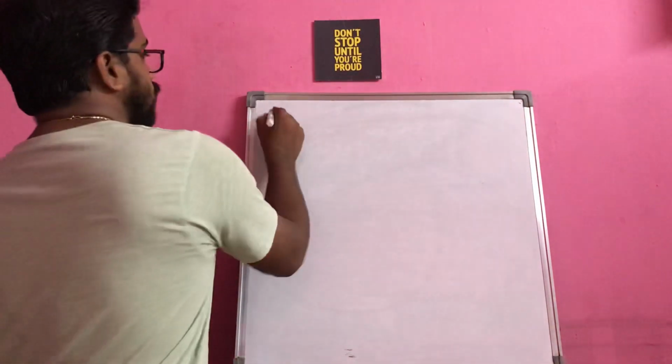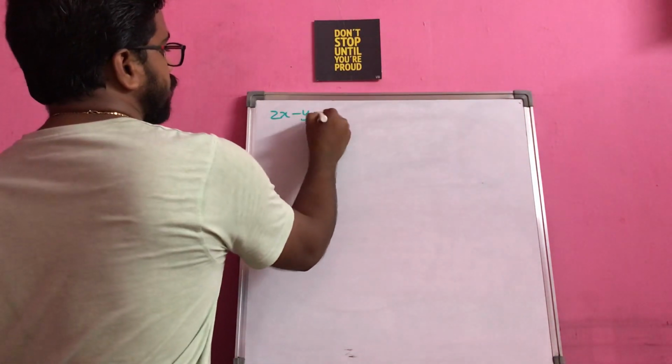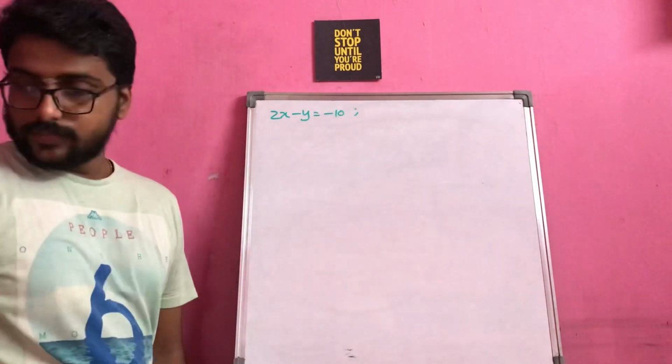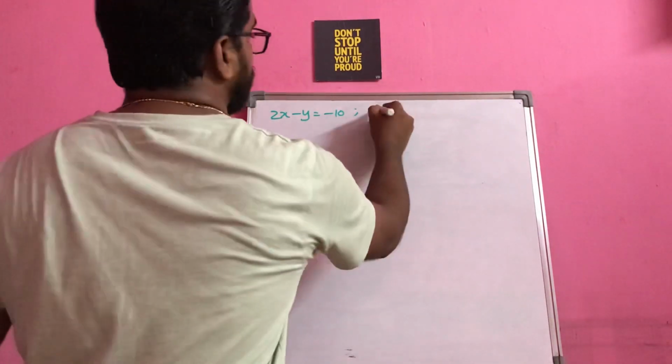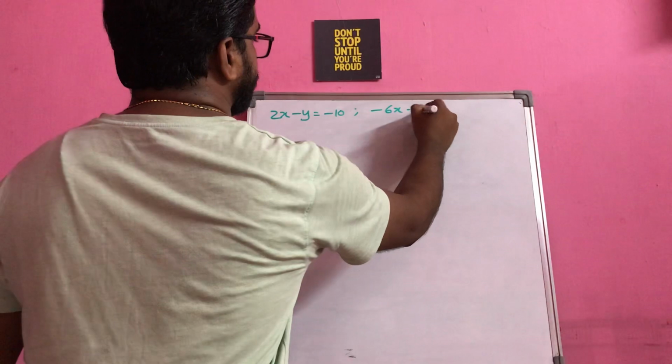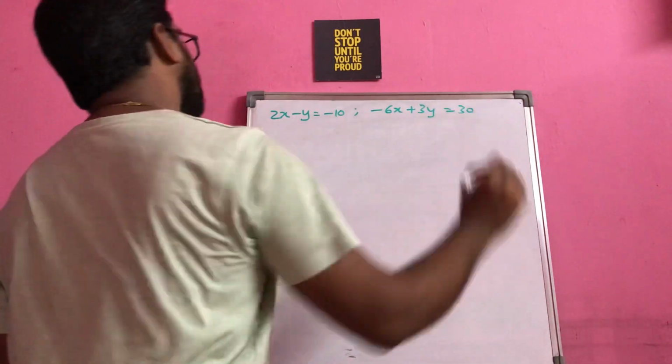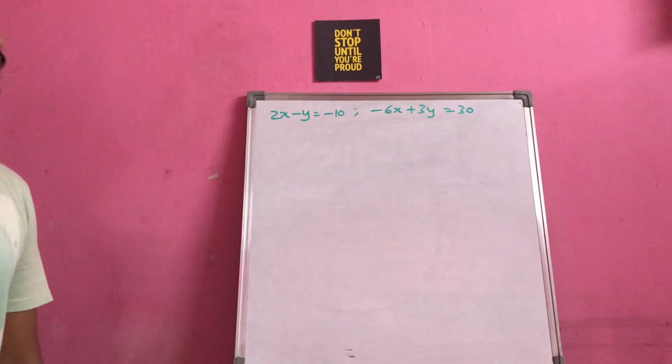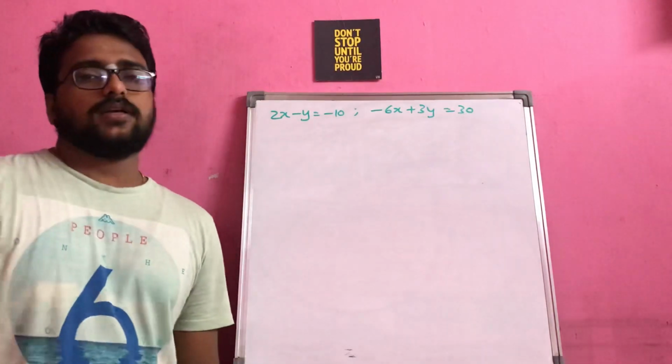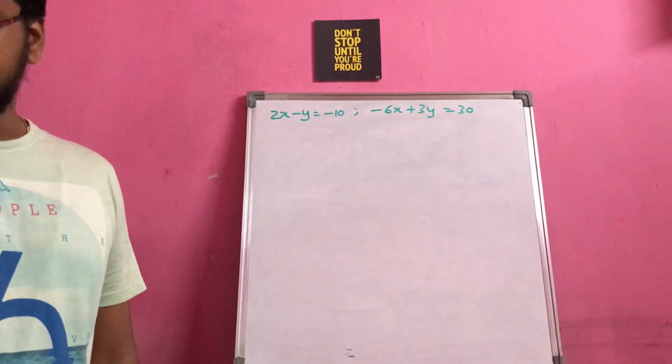Now let us see one more question. You have the lines 2x minus y is equal to minus 10, minus 6x plus 3y is equal to 30, right? So you just observe here, and see the question once again.